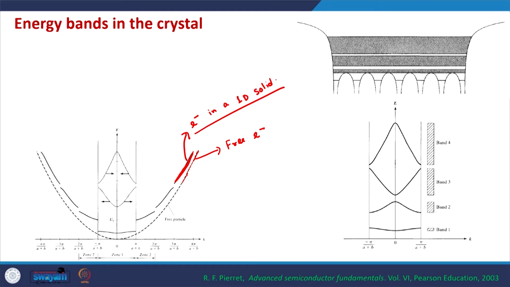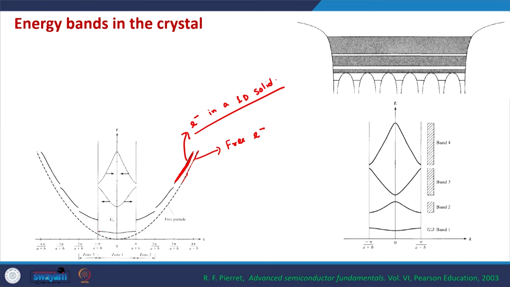What it means is that if an electron has extremely high energy, then it is quite like a free electron. But the E-k relationship for electrons in a 1D solid and a free electron is quite different for low energy values, when the electronic energy is not so high.